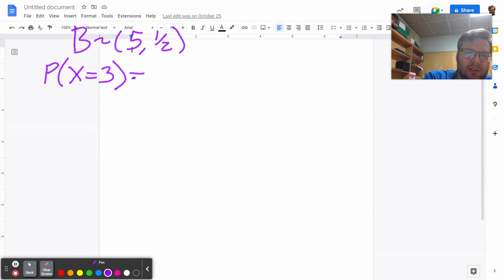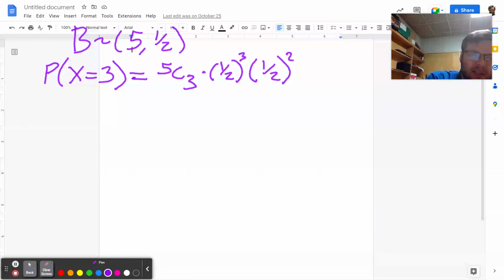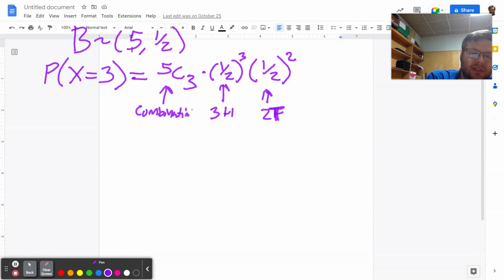The way to do this is to do 5 choose 3 times 1/2 to the third times 1/2 to the second, because this right here is getting 3 heads, this is here getting 2 tails, and then this is the number of combinations, the ways of getting all your 3 heads and tails.